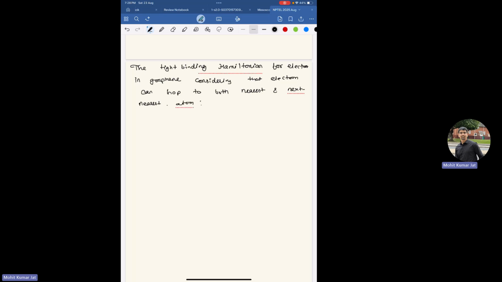Right? Here we are taking h bar to be 0. So the Hamiltonian will be minus t, that's the nearest neighbor term, sum over <ij> sigma. Whenever I am taking the ij in this bracket, it means they are the nearest ones. J can be i plus 1 or i minus 1. Sigma is the spin here.